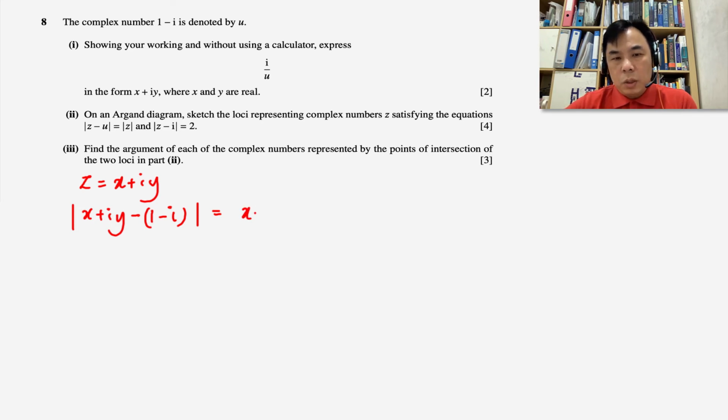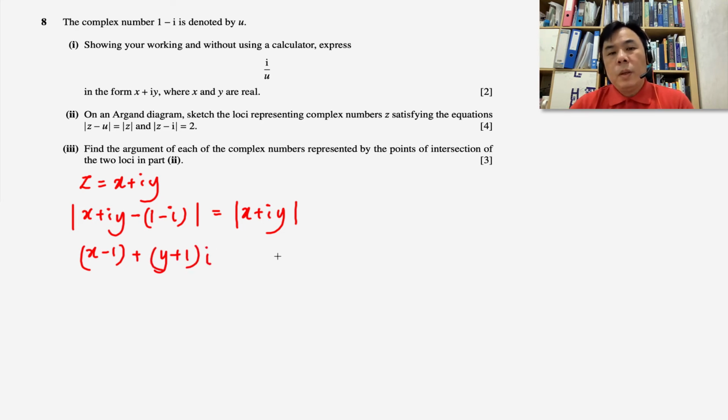And then we know that z is this. Okay. And then group the like terms. We have x minus 1, the real component. And then we're going to group the imaginary components together. And then that looks to me like y plus 1 i here. And then there you have it. This is what we have at this point.